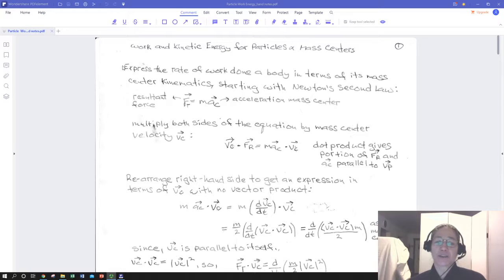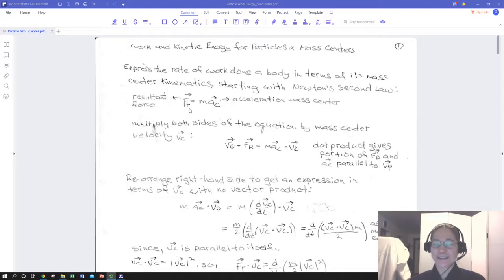So we're going to express the rate of work done on a body via a force application through its center of mass in terms of mass center kinetics. Even though we're working on accelerating bodies and the work done to do so, because we were able to treat these bodies as points or particles at their center of mass, we're going to think of it like a particle. So we can start with Newton's second law, which is applicable for particles.